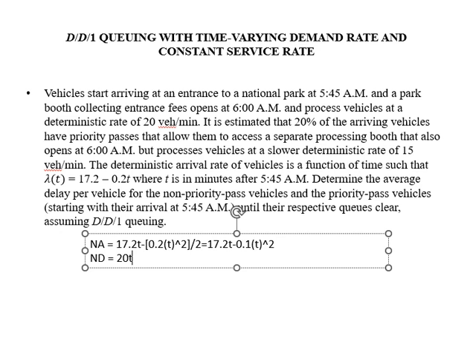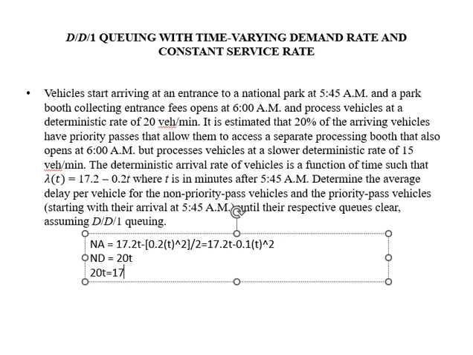When the queue is gone, the number of vehicles arrived equals the number of vehicles departed. So I put both equations equal to each other and find T. So 20T equals 17.2 T minus 0.1 T squared.